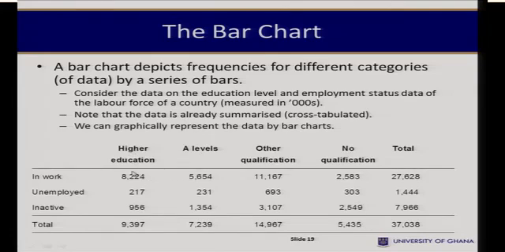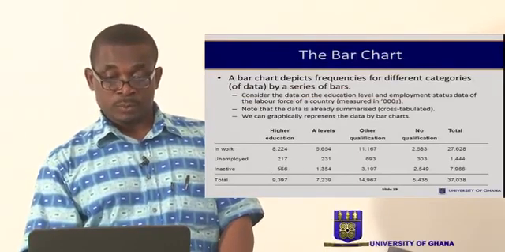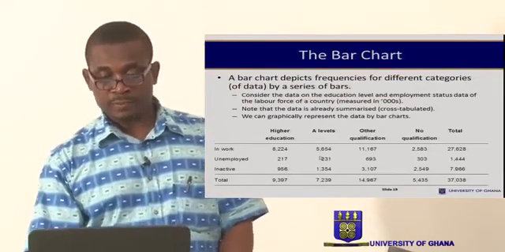So each cell here, for example 8,224, tells us the number of persons who have higher education and are currently working. This number tells us the number who have higher education but are unemployed. And this tells us the number who have higher education, that's 956, and are inactive.